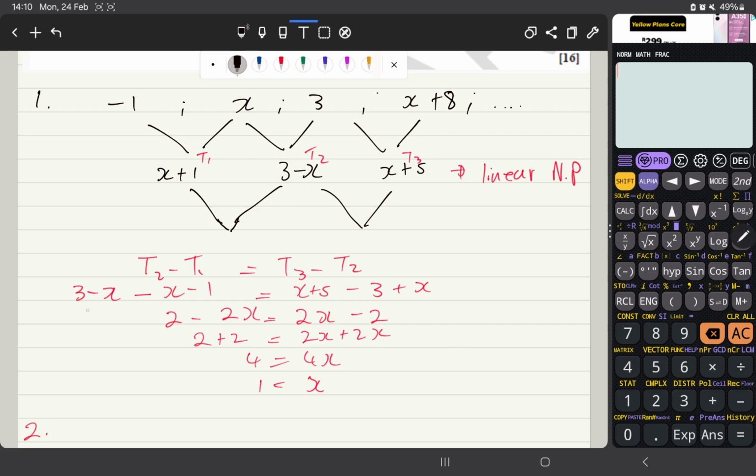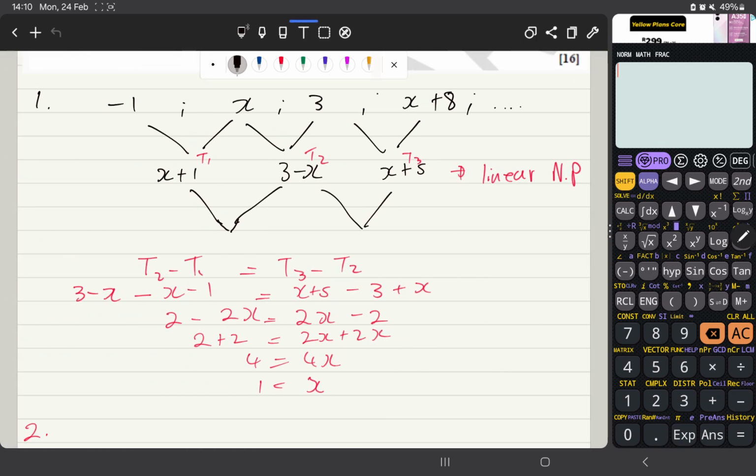So I have 3x minus, that's going to be 2, that's going to be minus 2. Cool. So I check the side. I just saw a mistake.